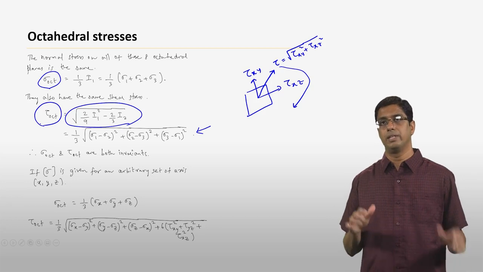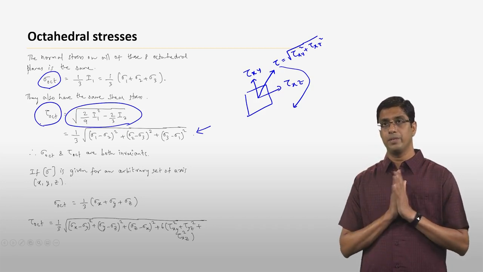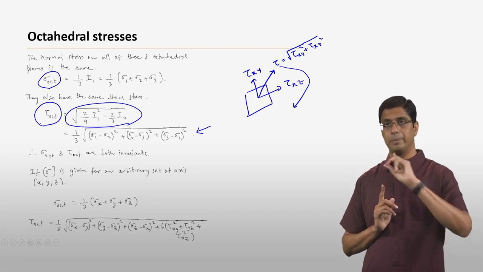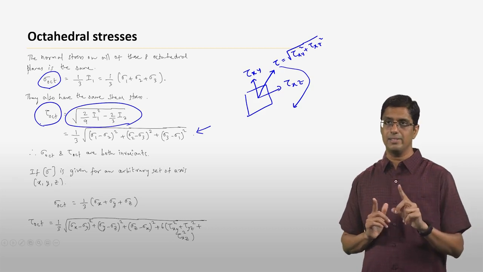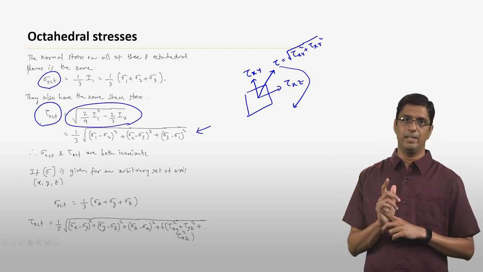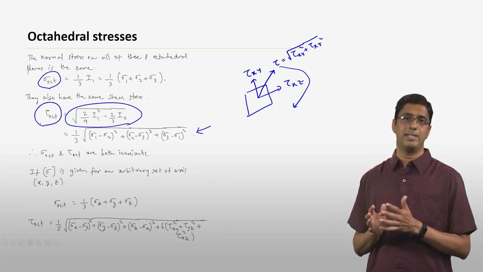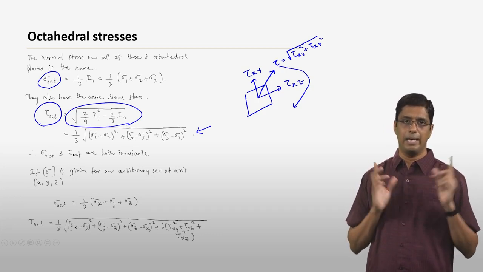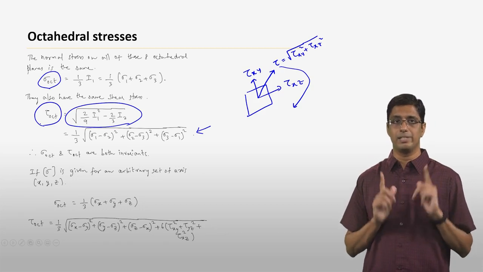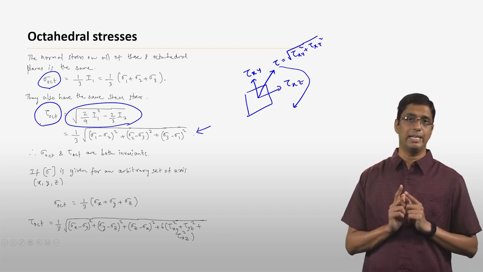So for these octahedral planes, you have a normal stress perpendicular to the plane and a shear stress acting along the plane. The normal stress is sigma octahedral and the shear stress is tau octahedral, and both these values are the same for all these 8 planes.